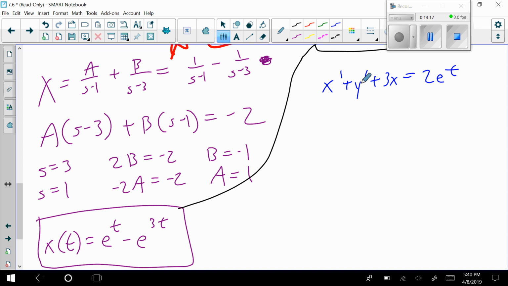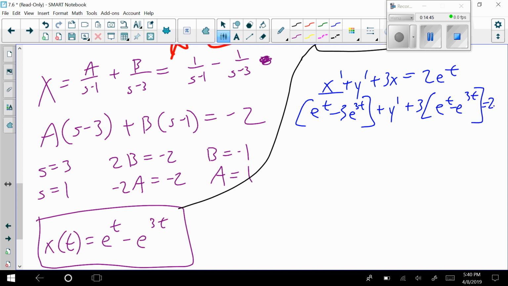Instead, what we can do is this x prime would be e to the t, just this part now, minus 3e to the 3t plus y prime plus 3 times, okay, e to the t minus e to the 3t equals 2e to the t.